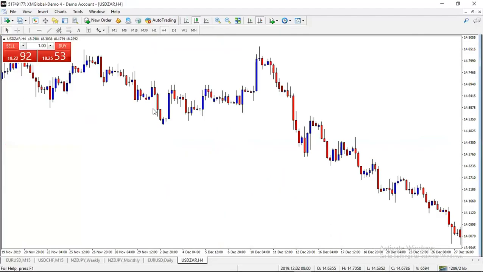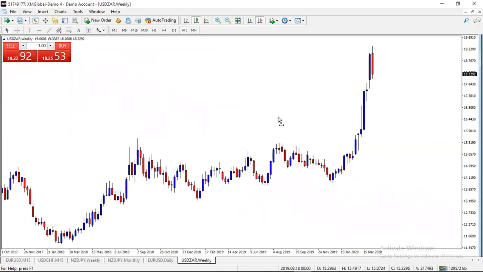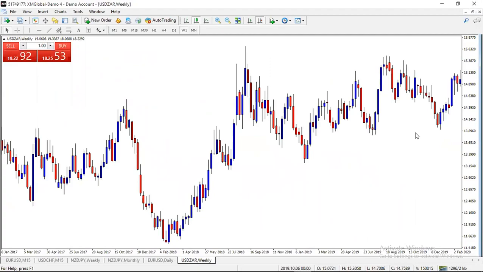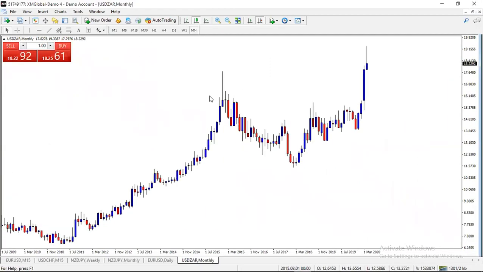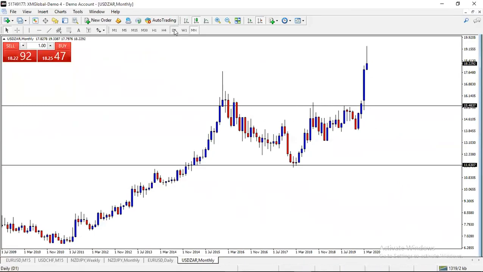I'm saying around 14, 15, 16. That's where USD is normally. We've been here since 2016, for the past 4 years we've been around that price.